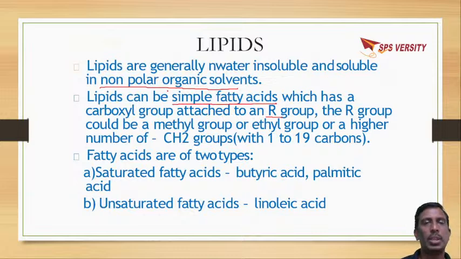So they can be simple fatty acids. Fatty acids means saturated fatty acids or unsaturated fatty acids. दो types रहते. Saturated में butyric acid, palmitic acid ये पूरा saturated में आता. Unsaturated linoleic acid.